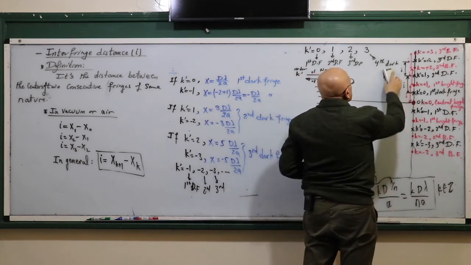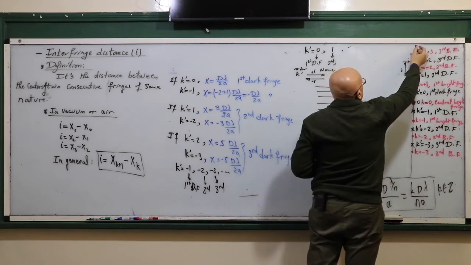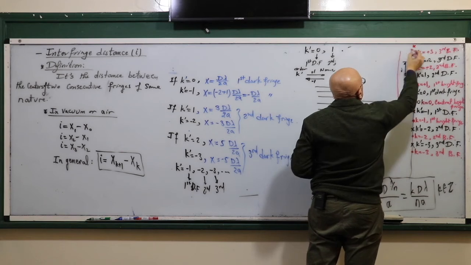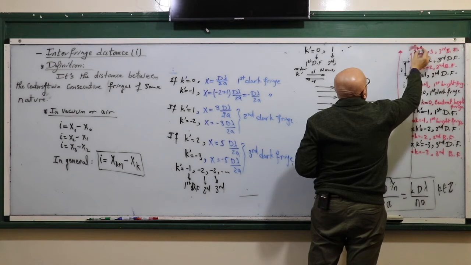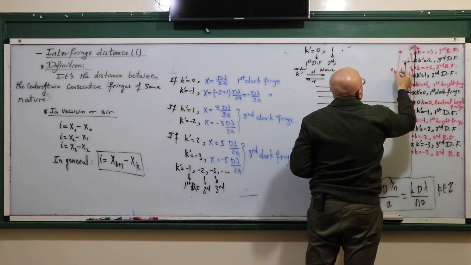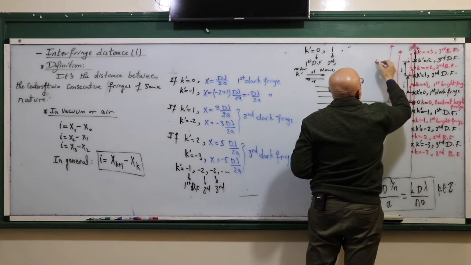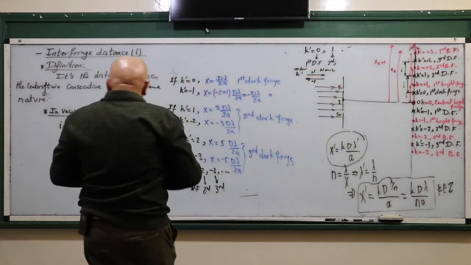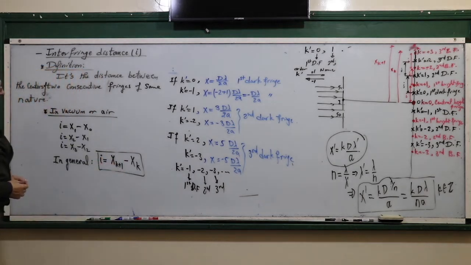If I choose any center of a bright fringe, it will be of order k, and the consecutive one is x(k plus 1). So I equals x(k plus 1) minus xk.